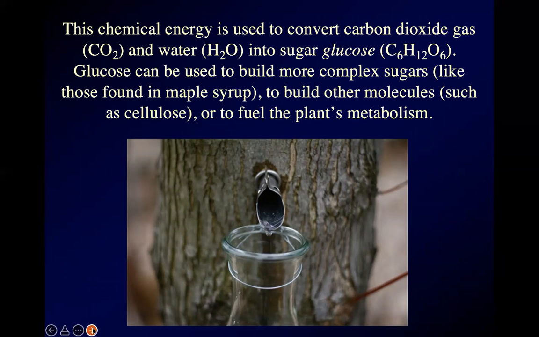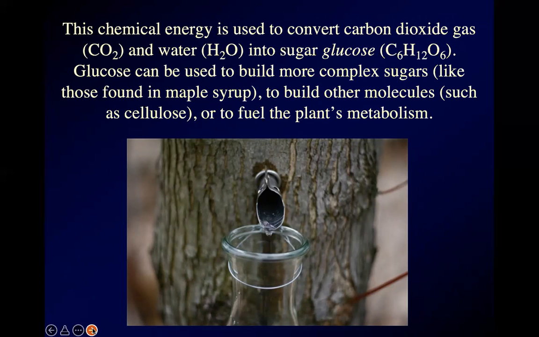Glucose is certainly present in food. It doesn't taste quite as sweet as table sugar, which is called sucrose. Glucose can be used to build more complicated sugars, like sucrose or like fructose.